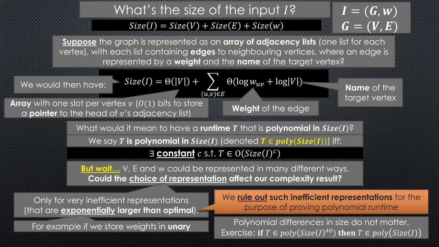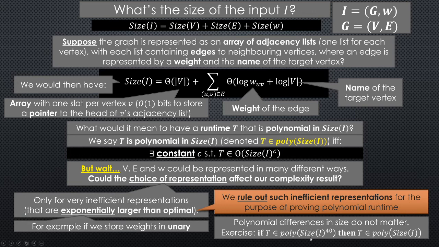So my claim here is that polynomial differences in size of the input don't matter from the perspective of showing that your algorithm is polytime. So for example, here's an exercise. Show if you have an algorithm that runs in polytime, but it's polynomial in the size of the input to the 40, then show that it's also polynomial in just the size of the input, right?